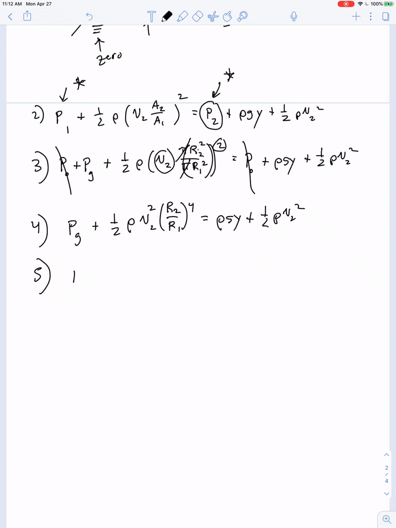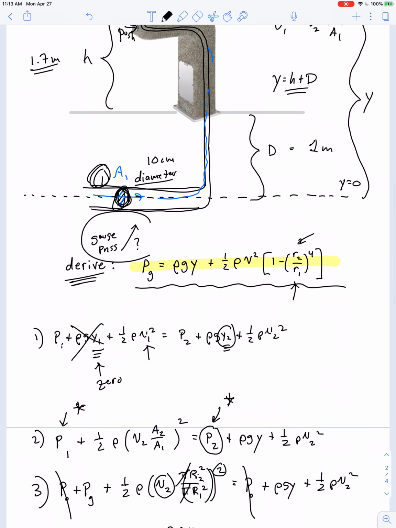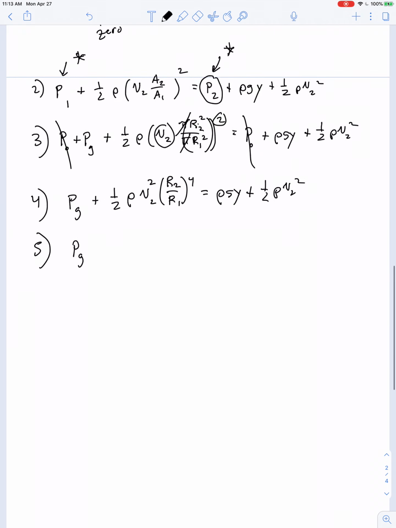So let's just solve for the gauge pressure. That's the question after all, right? What's the gauge pressure in our feeder pipe? So the gauge pressure is equal to rho gy plus, here, we can factor out 1/2. What we're going to have to do is subtract this whole term on both sides of the equation to bring it to the other side of the equation. But when we do, we can factor out the 1/2 rho V2 squared.